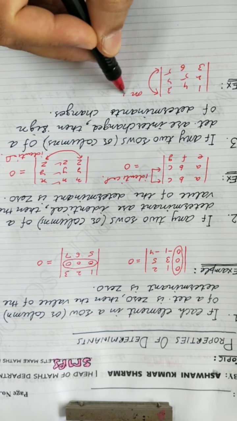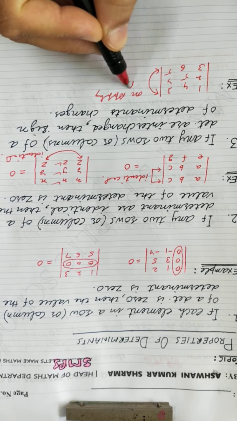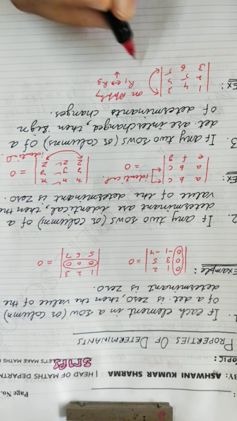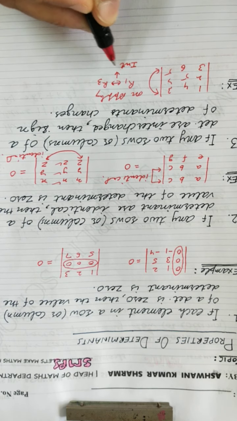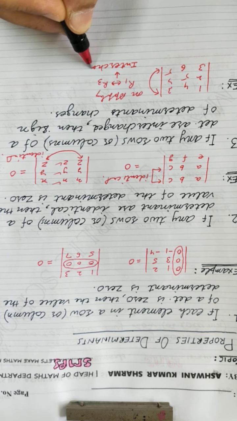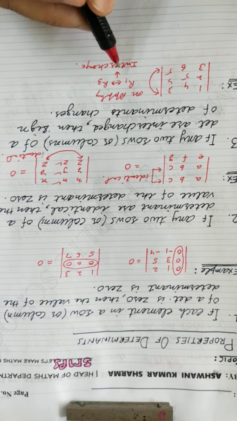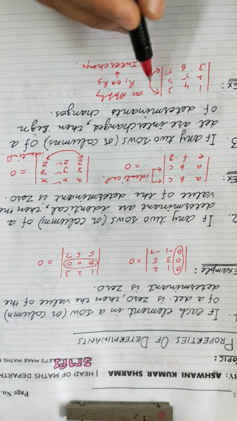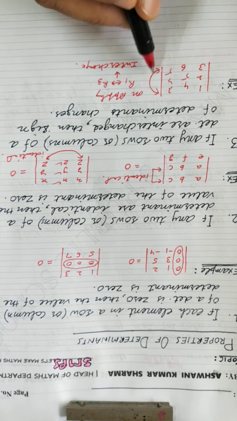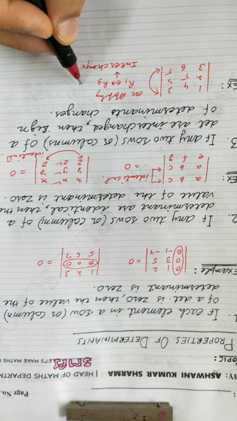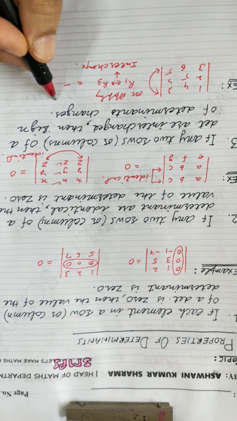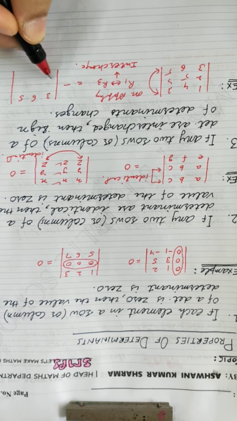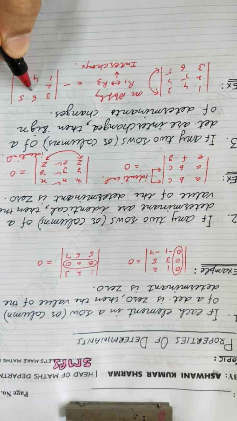On applying R1 interchange R3, this symbol represents interchange. So if you are interchanging R1 and R3, what will you get? You will get a minus sign outside, 3, 6, 5, 1, 4, 3, 2, 5, 4.